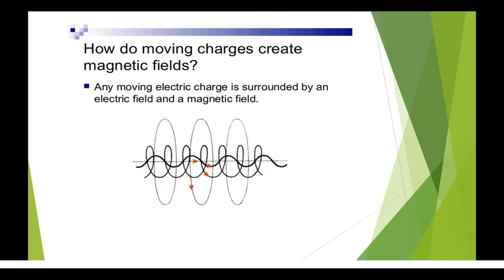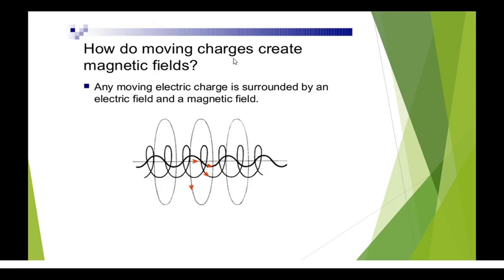Now what happens if the charge is accelerated or if the current varies with time? An electromagnetic wave is produced. So a moving charge creates an electromagnetic wave.